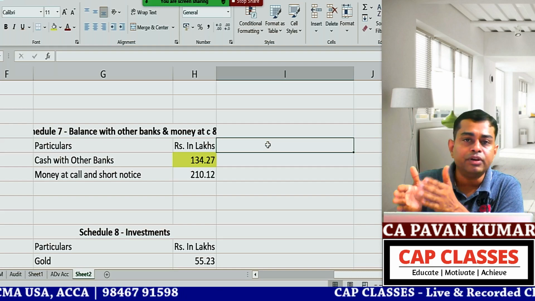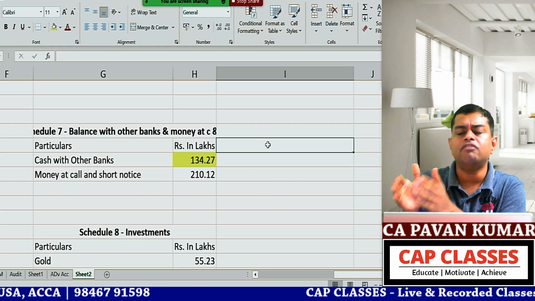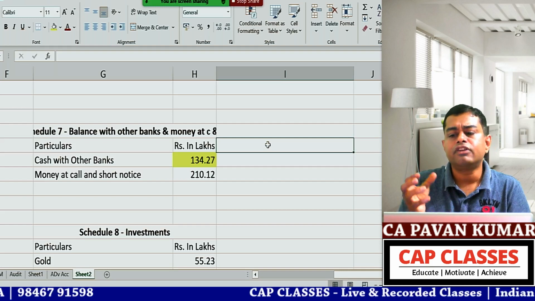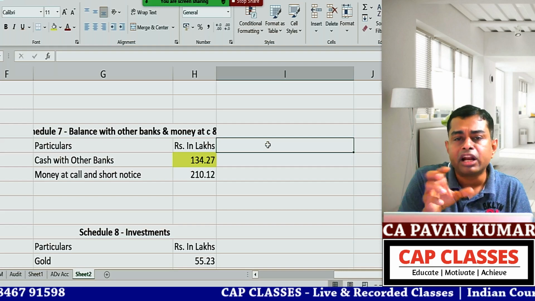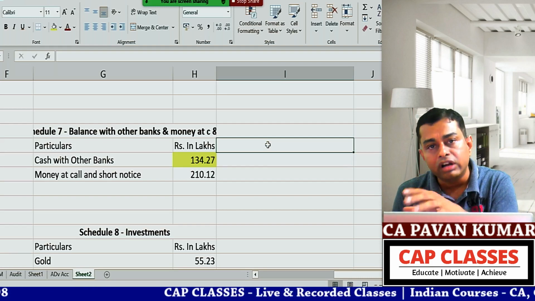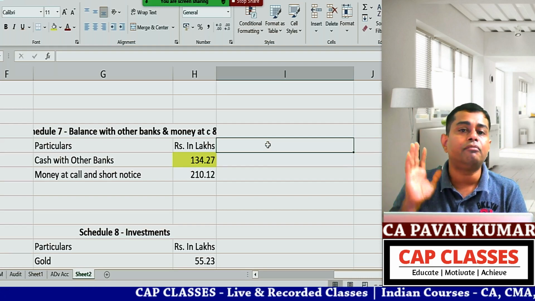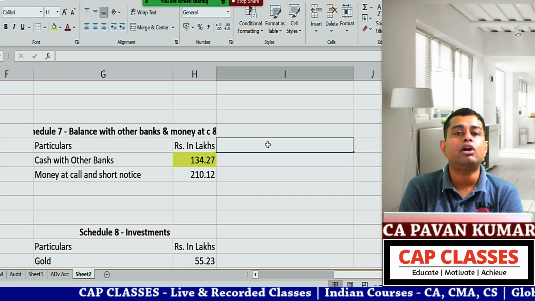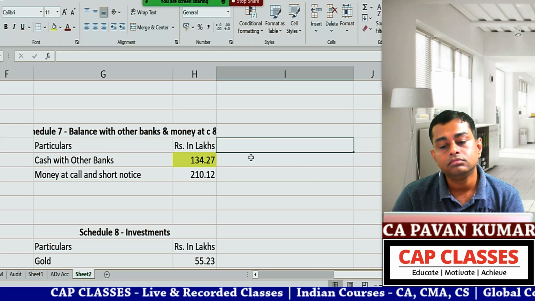You have some balance with another bank, say for example Bank of Baroda. From the Bank of Baroda account, you are transferring money to RBI. So the journal entry will be balance with RBI account debit to balance with Bank of Baroda. So you are increasing RBI balance, you are decreasing Bank of Baroda balance. That's all. Do you understand this?